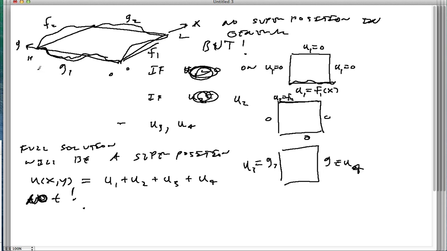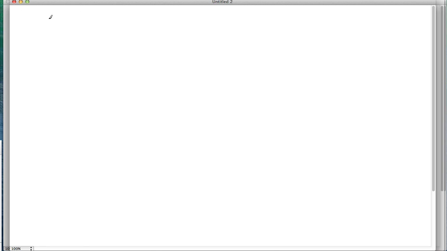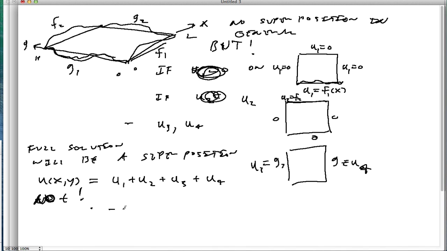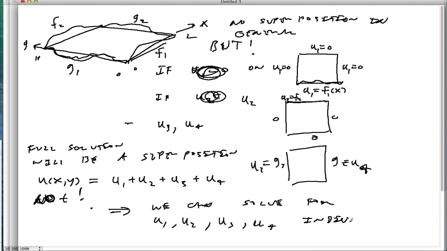Okay. So let's go try an example here. So what this means is we can solve for u1, u2, u3, and u4 individually, and then add them up at the end.